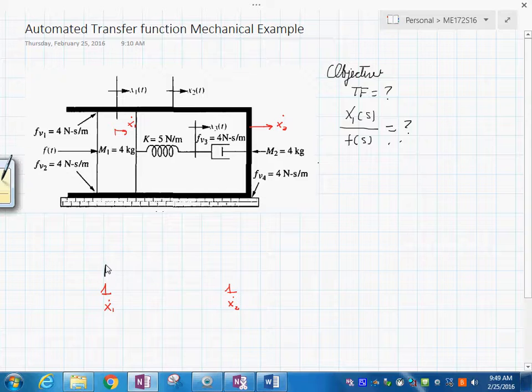On this other one, you also have an I element with value m sub 2, right? Now, we also have an input source, which is the force in here. The value of this is f of t, like this.